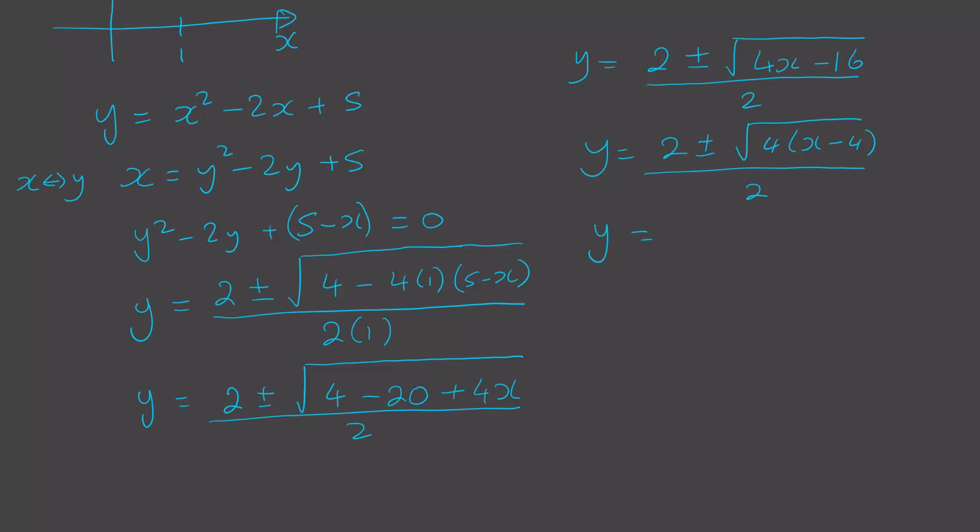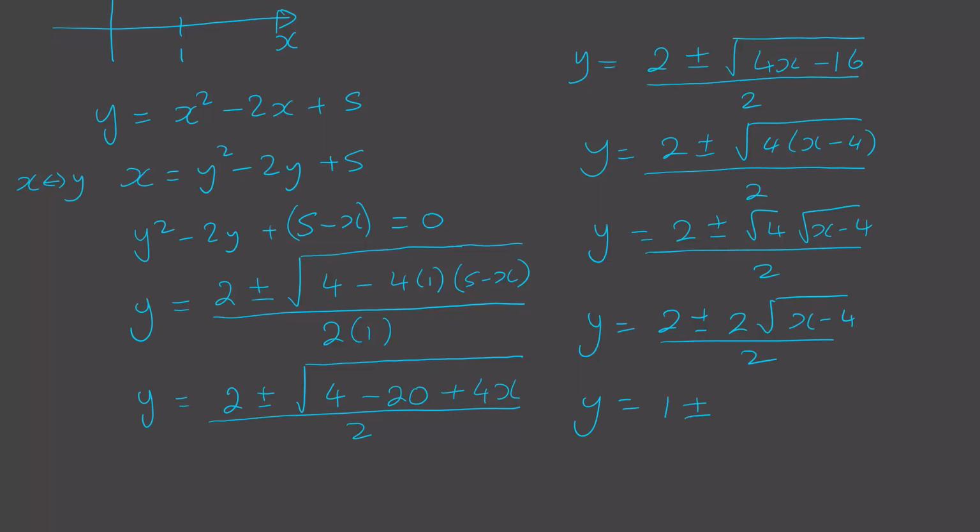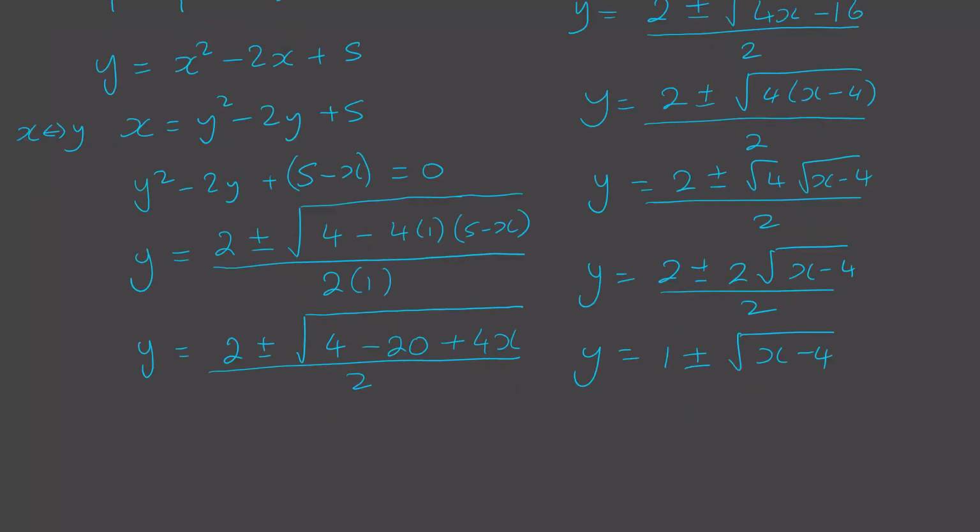And we can slide the 4 outside of the square root. Effectively, what we're doing is writing that as root 4 root x minus 4. And of course, root 4 is 2. So we have 2 plus or minus 2 root x minus 4 over 2, which is 1 plus or minus root x take away 4.